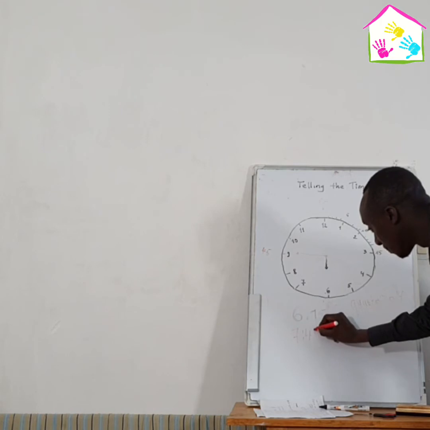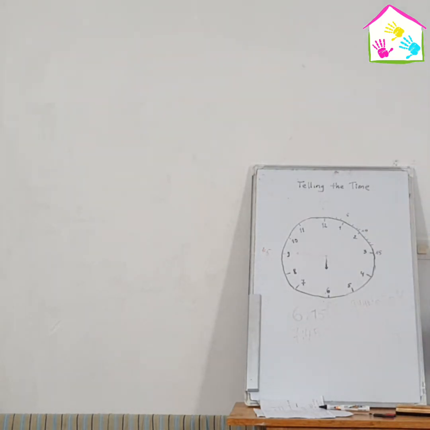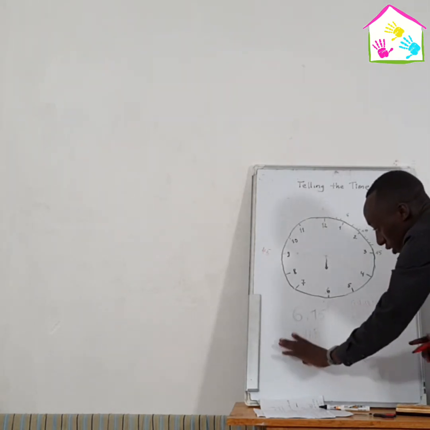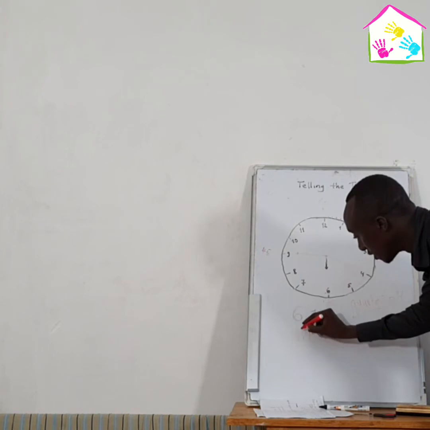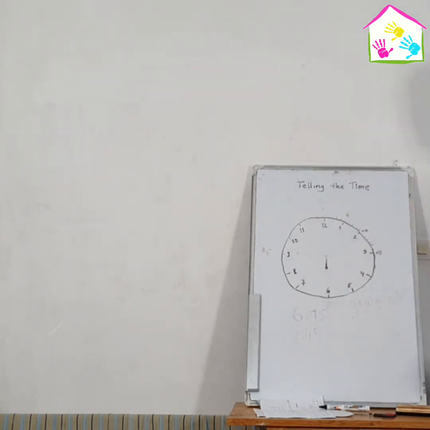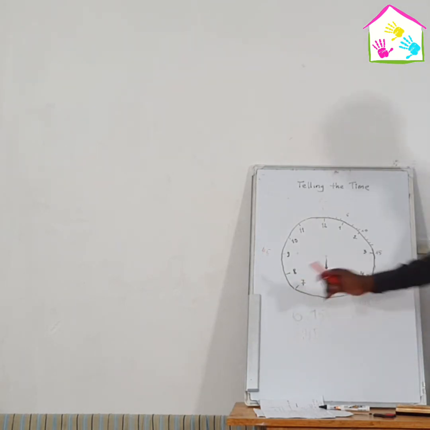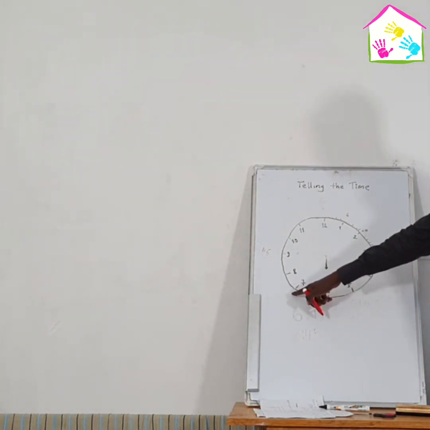A quarter means 15 minutes. Sorry, it is 6:45. How do we say the time here? It is a quarter to 7 because we still miss 15 minutes to reach 7 o'clock.